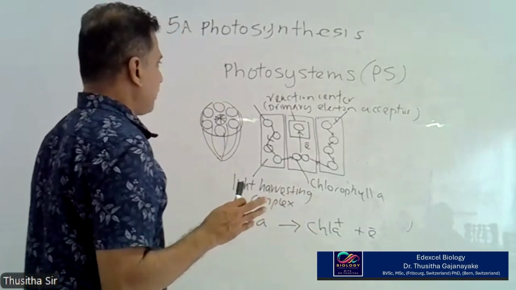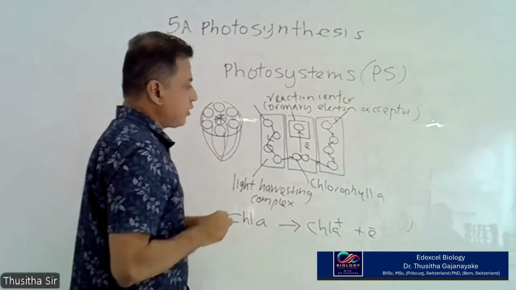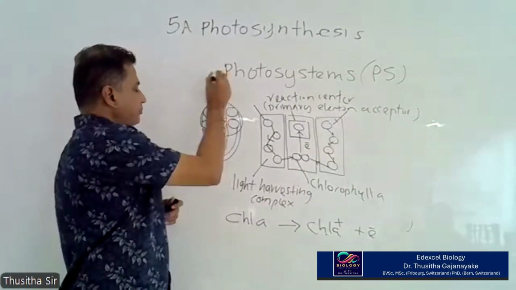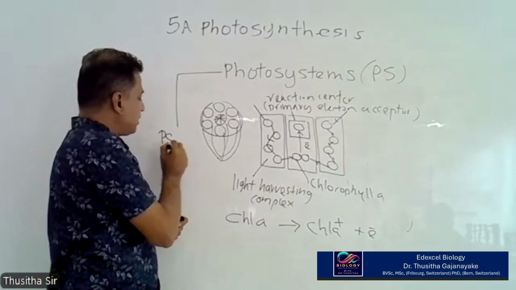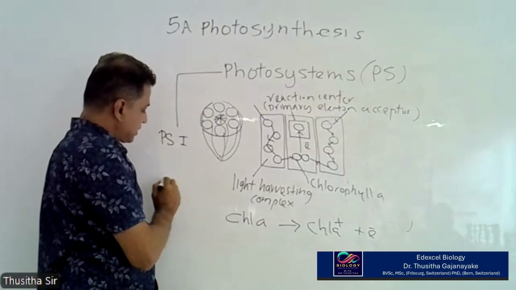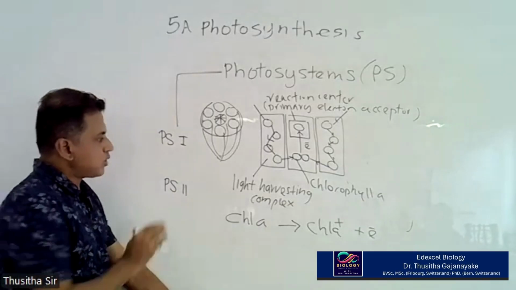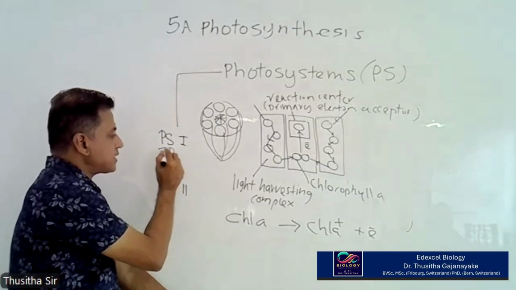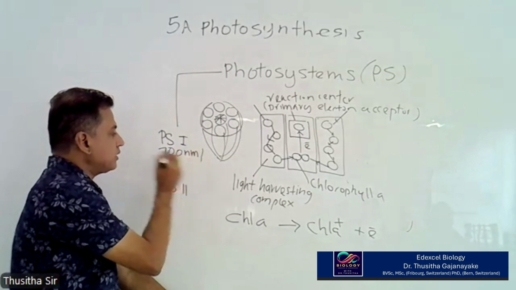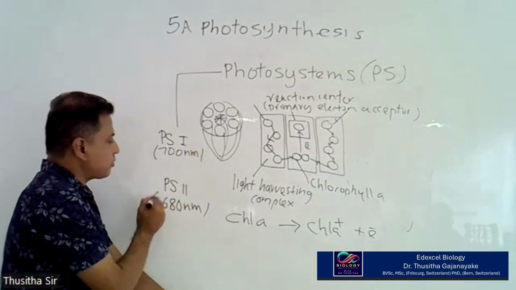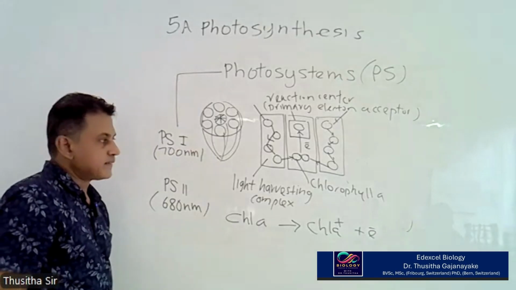So that's the photosystems, and we have two types of photosystems. One is called photosystem 1, and the other one is called PS2. Why do we have two different systems? Because PS1 absorbs best at 700 nanometers, and PS2 absorbs light best at 680 nanometers.